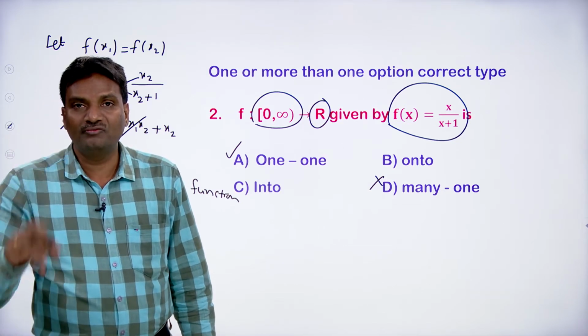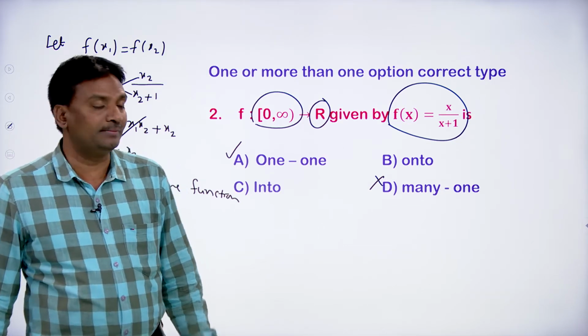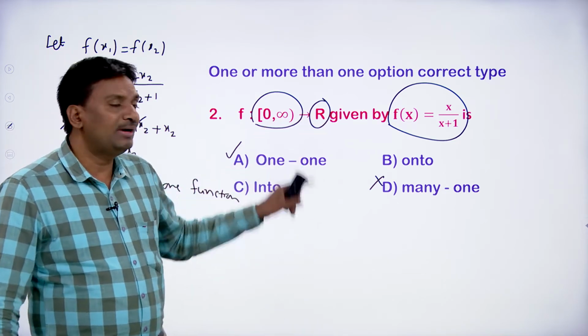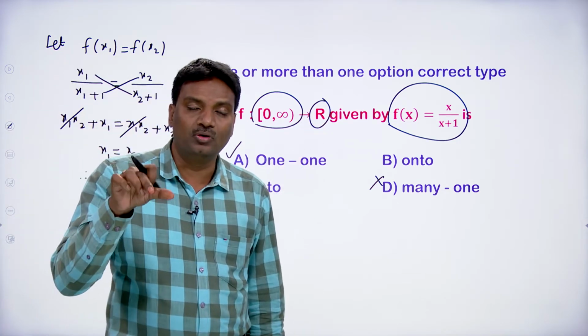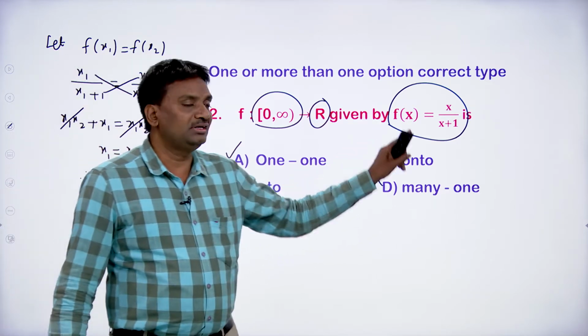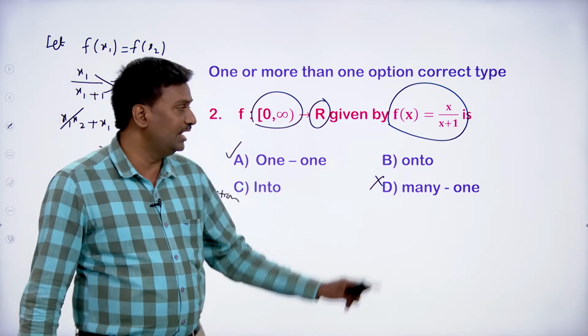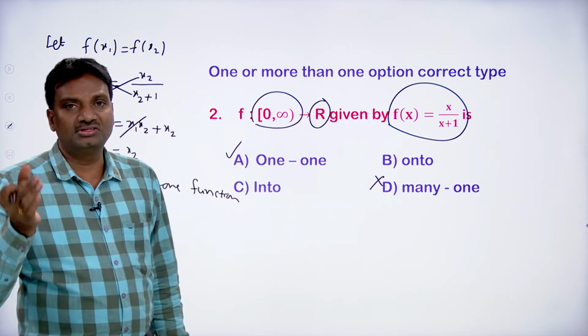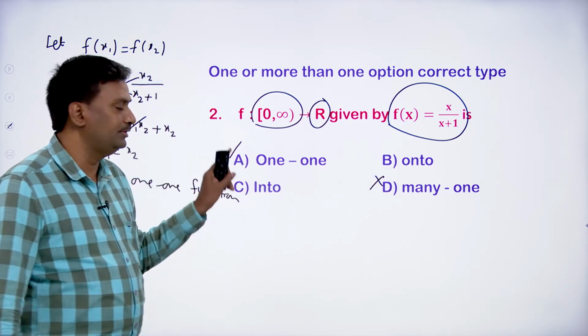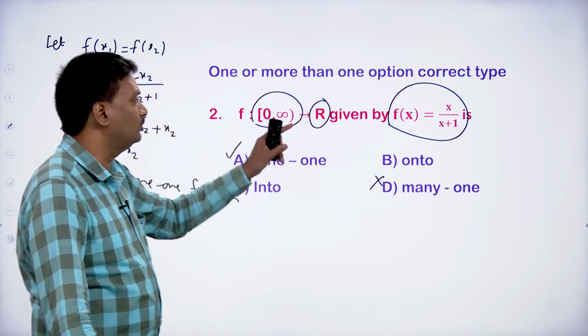So range of f equals 0, infinity. But according to the problem, the codomain is R, which contains both positive real numbers and negative real numbers. So since range is not equal to codomain, f of x is not onto function. So we can say that it is into function.